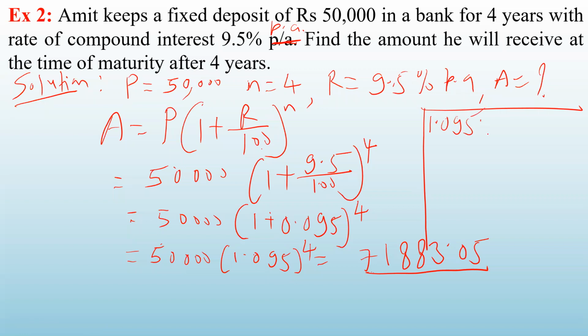When you get this number on the screen, press the multiplication button, and then you want raised to power 4, so 3 times you have to press the equal sign. So what you will get is 1.095 raised to power 4. Okay. So that way you can do it quickly if you do not have a scientific calculator.